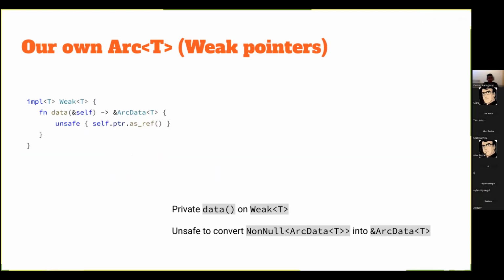The data accessor is the same, except it is private for Weak now, not Arc. And it's unsafe because self.pointer is basically a raw pointer to ArcData, so we have to convert it into a valid reference, and we have to do it with unsafe.